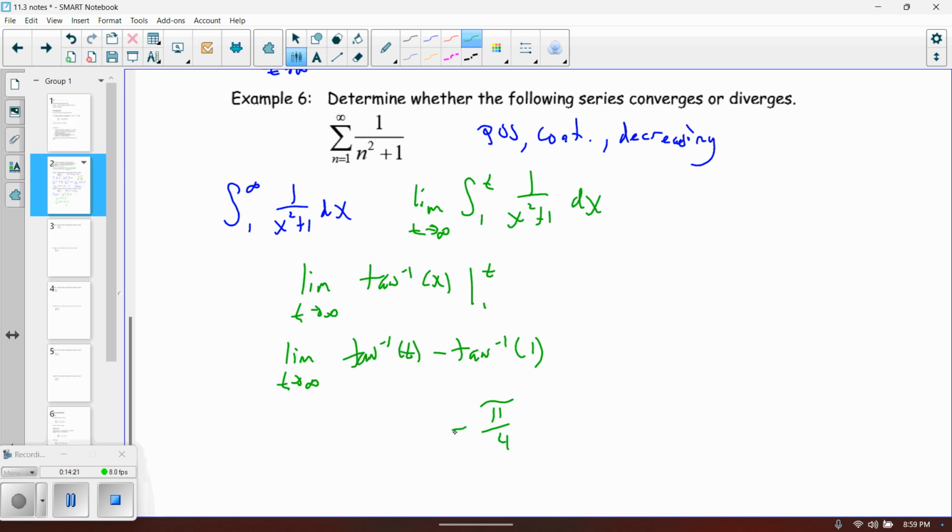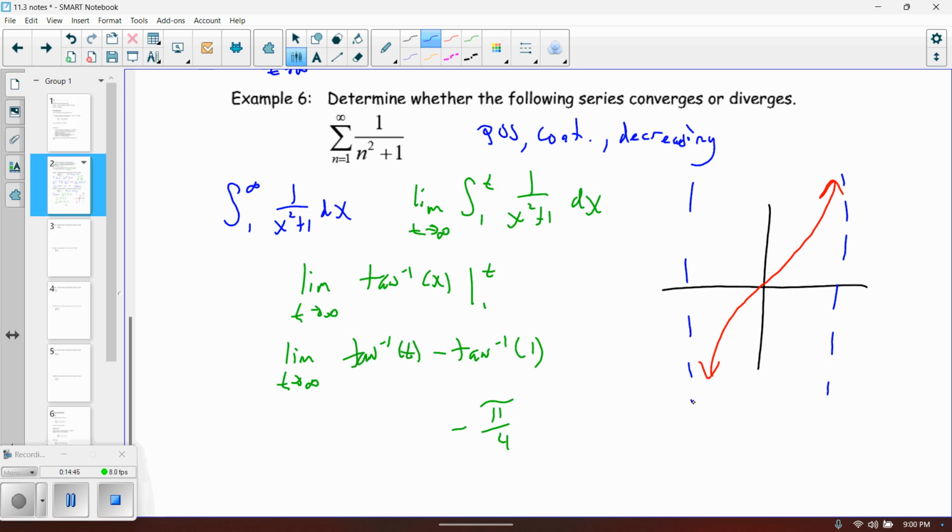That's just a value. The inverse tangent of infinity, that's one you're going to have to think about. You have to kind of know the graph of tangent. So remember that tangent looks something like this. The values of tangent go towards infinity when the angle is approaching pi halves.